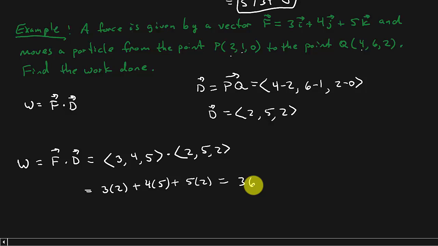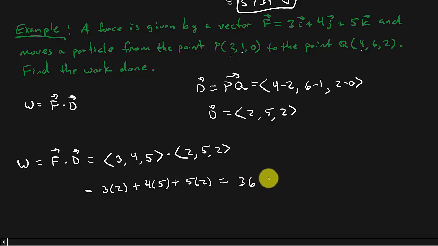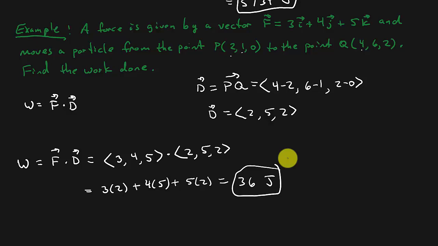Yeah, 36. They don't give us units on this one, but if the length was in meters and the force in newtons, then that would be 36 joules. I know they don't give us that, but let's just say they did.